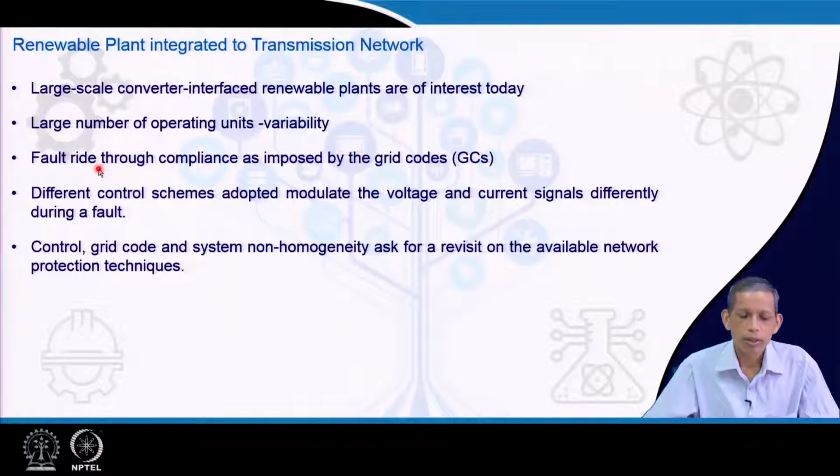Fault ride through compliance through different grid codes, that we have already discussed in earlier lectures also. So, during fault voltage dips, but at high voltage system these units are not allowed to be withdrawn, otherwise further degradation in system stability will be challenging because of the large capacity.